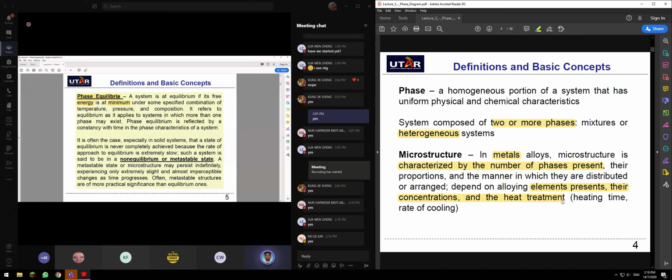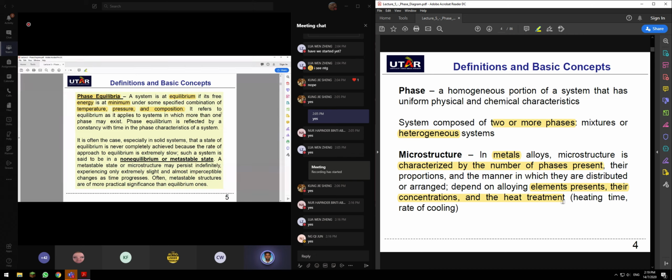So that is what we call phase equilibria. A system is at equilibrium if its free energy is at minimum. Free energy is entropy and enthalpy. It is at minimum under a specific combination of temperature, pressure, and composition.